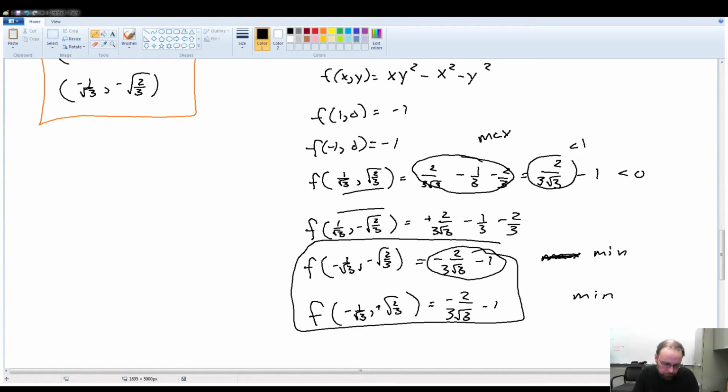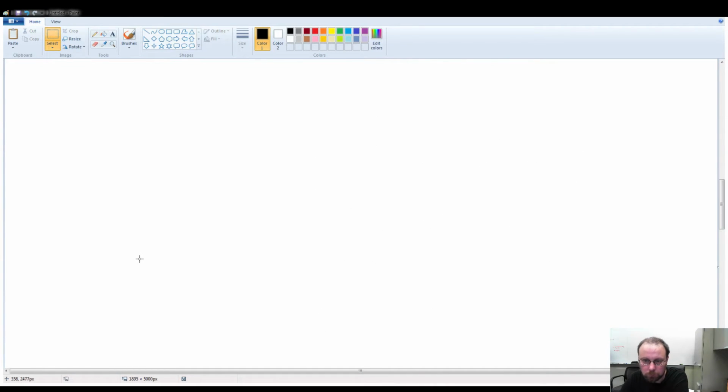Alright, so let's look at two constraints. Lagrange can be extended to multiple constraints. So it's really in the form of a word problem, it seems. And here it is.